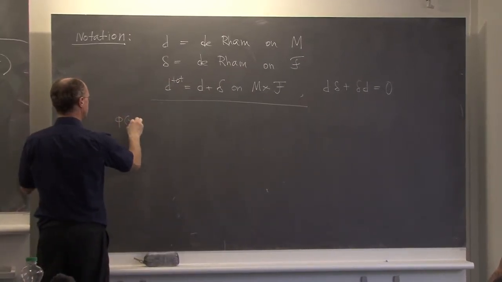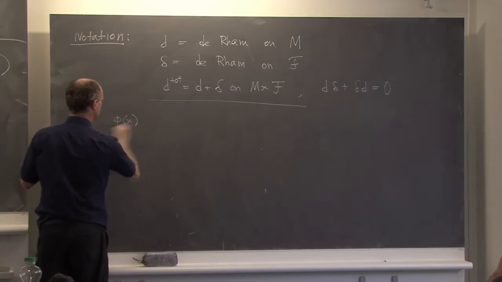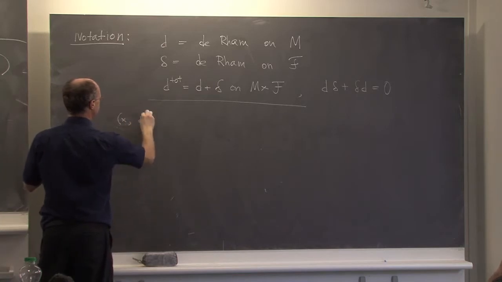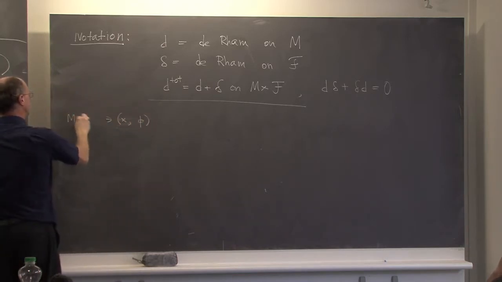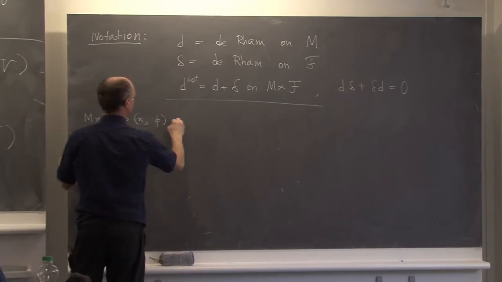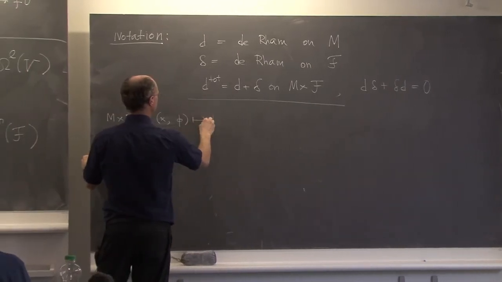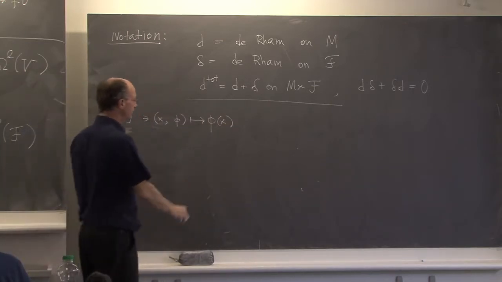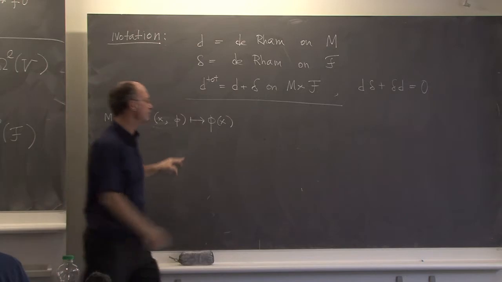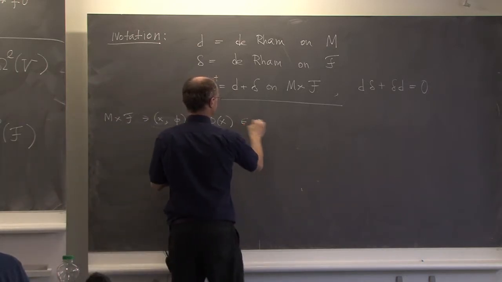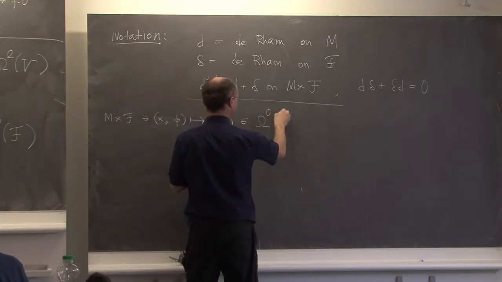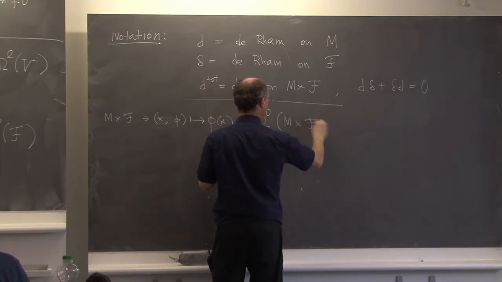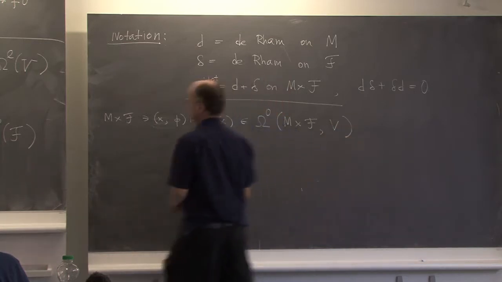So phi of x, let's say x, phi in M cross F, is mapped to phi of x, and one can view this phi of x as a map, so a zero form on M cross F with values in V, right?